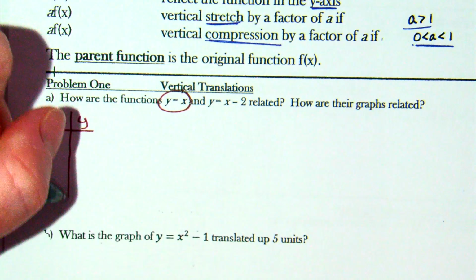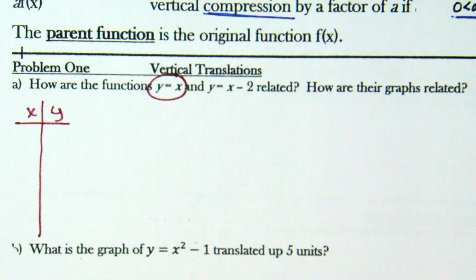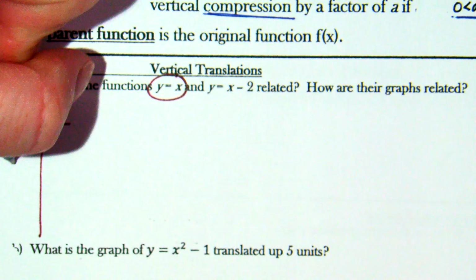So if I make an XY chart here, what are good X values to use? 0. Okay. -1. Is it good to get negatives and positives? Yeah. It is. Okay. I'm going to use -2, -1, 0, 1, and 2.